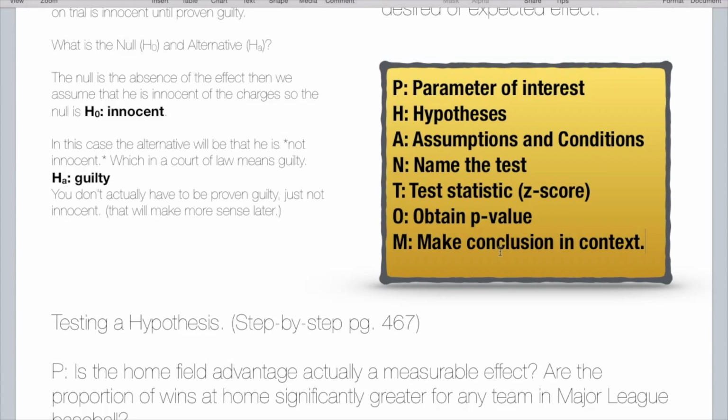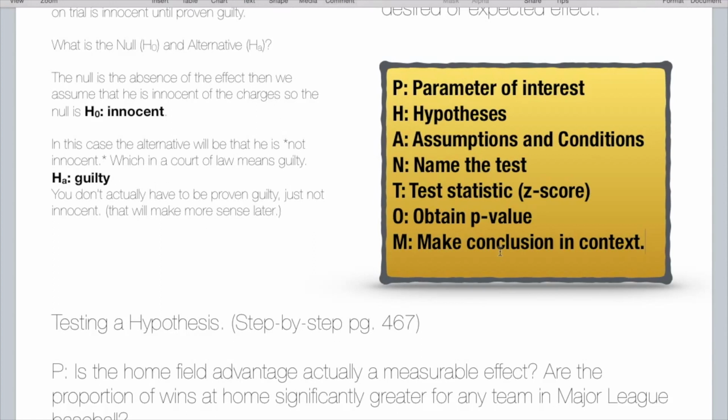So the question they're asking is this: could this deviation from 50% be explained by natural sampling variability, or is it evidence to suggest that there really is a home field advantage, at least in professional baseball?